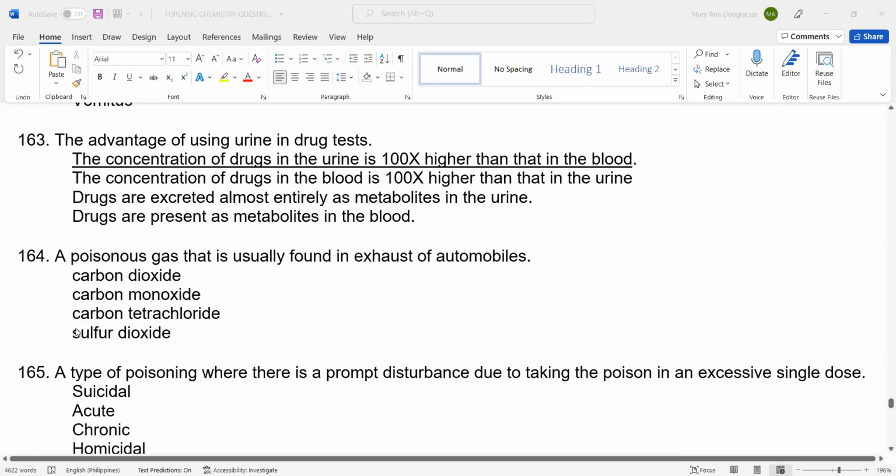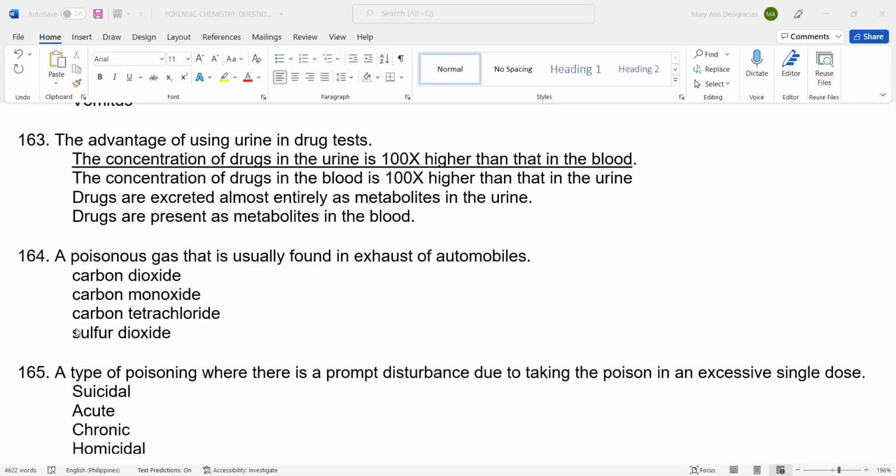Alright, 164. A poisonous gas that is usually found in exhaust of automobiles. Siguro naman alam nyo to. What is the answer for 164? A, B, C, D. B, okay, carbon monoxide. Kasi highly poisonous ang carbon monoxide which causes asphyxia.